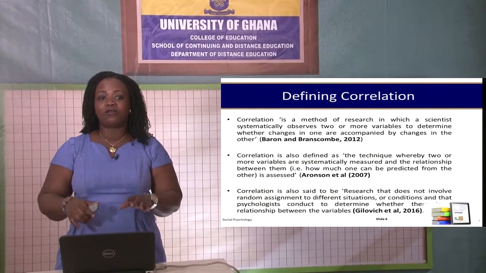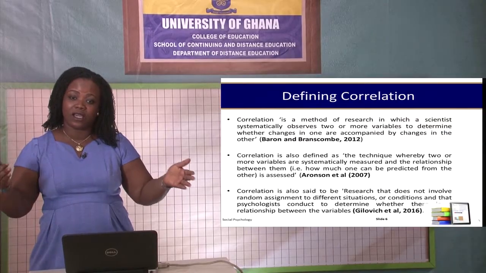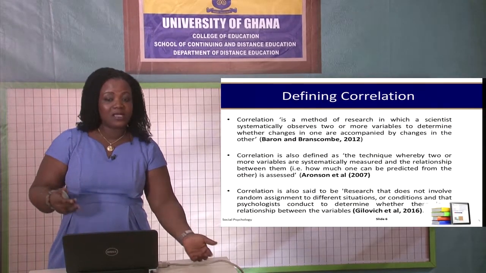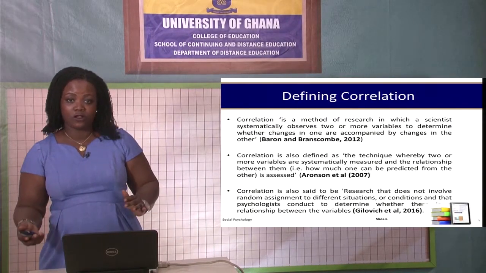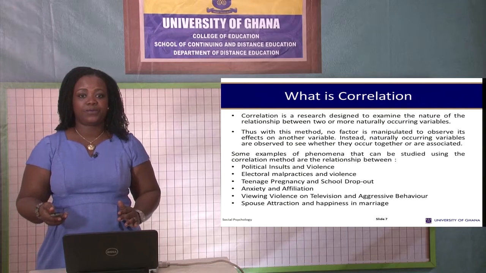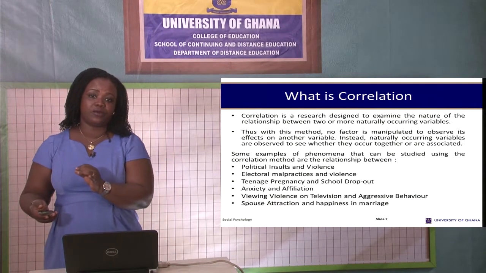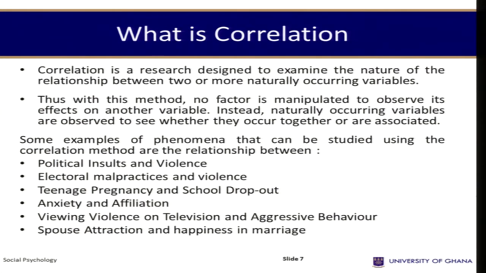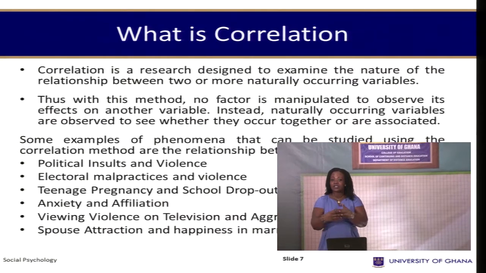It does not involve any manipulation. You are looking at two naturally occurring variables to see whether when this happens, that also happens. If this changes, does that also change? You do not manipulate any variable to see if they occur together or are associated.